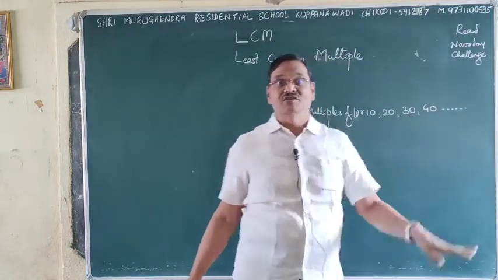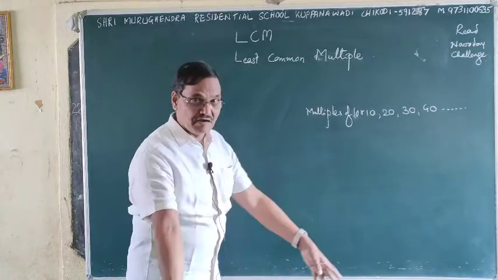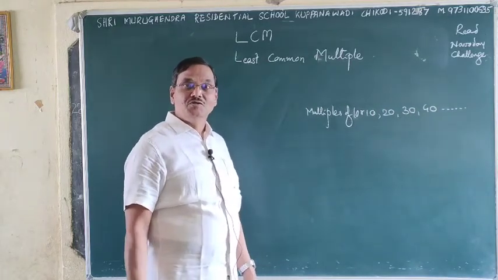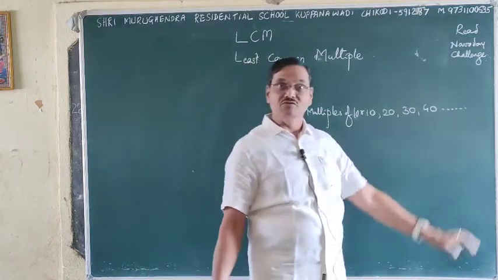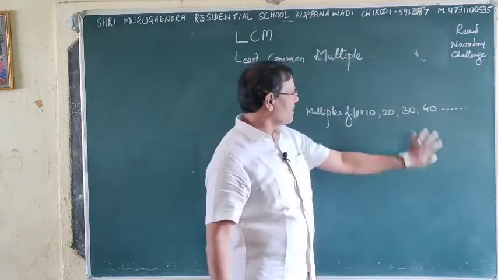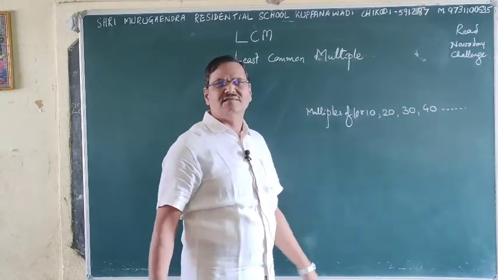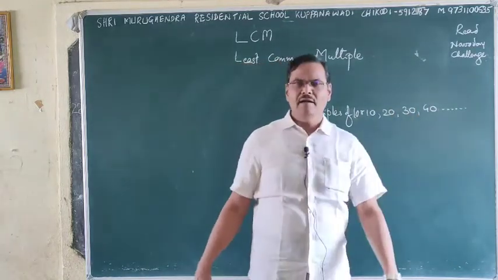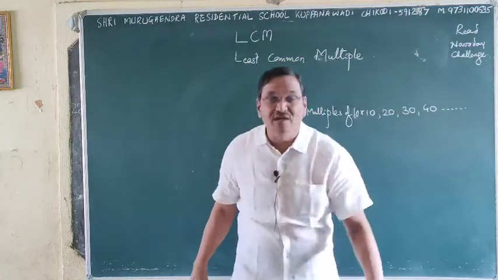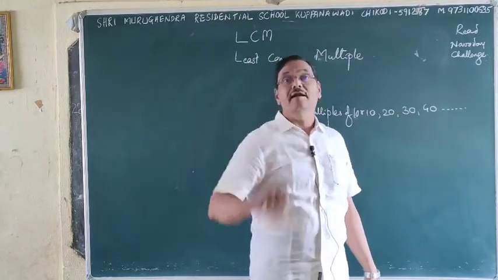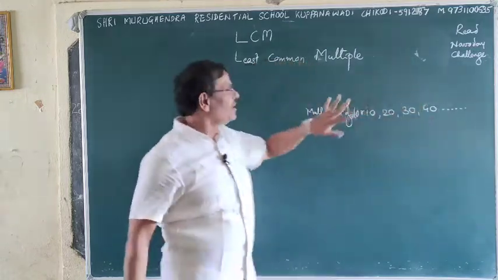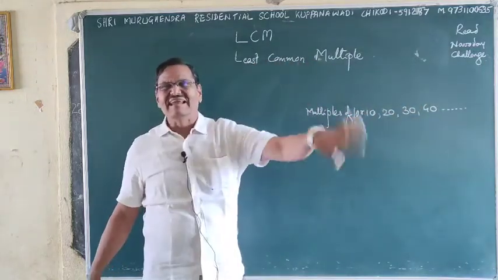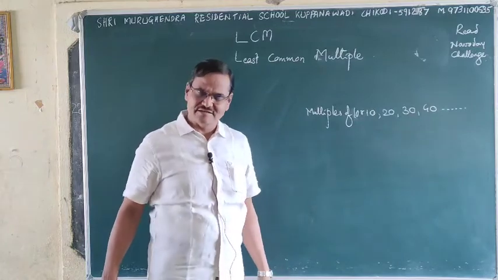As if stars in the sky, mud in the earth, likewise water drops in the ocean, it is endless. 10 tens are 100, that is our limit. 10 elevens are 110. 10 hundreds are 1000. Limitless. Multiples are endless, infinite.